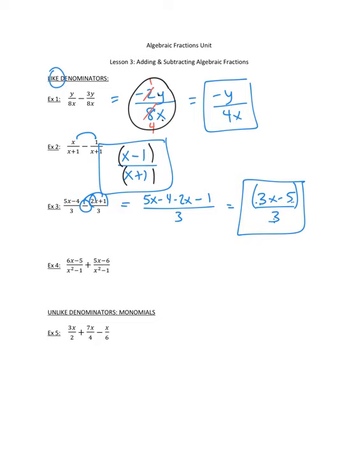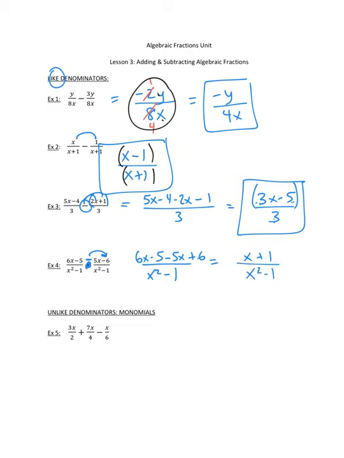Okay, example 4. Again, we have a typo here. Can you guys please change this over to a minus? So we're going to distribute the negative and keep the denominator. I have a common denominator of x minus 1, and we have 6x minus 5 minus 5x, and that will become plus 6 because we're distributing the negative. So this will simplify to equal x plus 1 in the numerator over x squared minus 1.